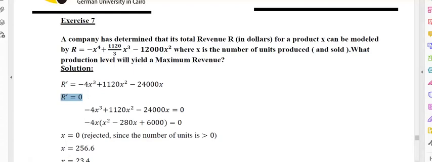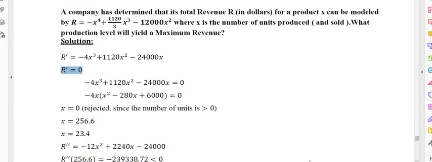And we have here 3 x values because this derivative got x to the power of 3, so we have 3 values. The 0, of course, is rejected, and if we got a negative x value, we also reject it. We get these two positive values, and we need to know which of them would maximize the revenue. So we have to use either the first derivative test or the second.